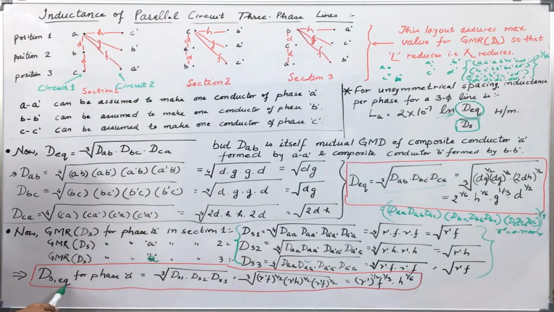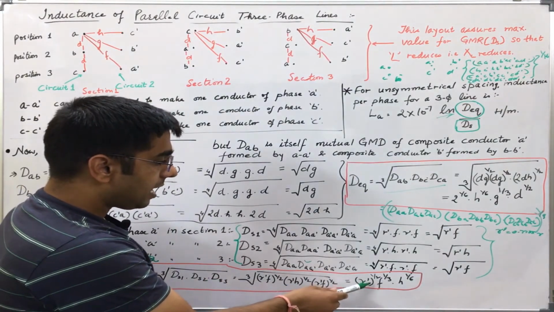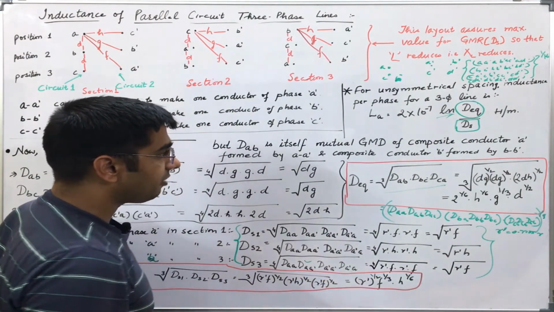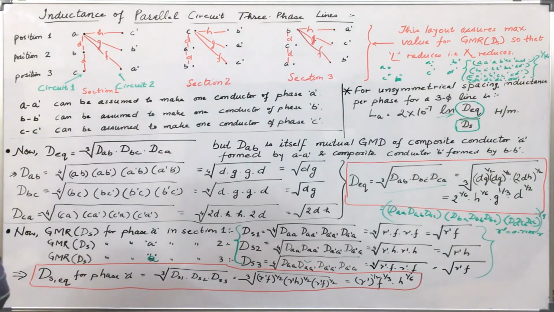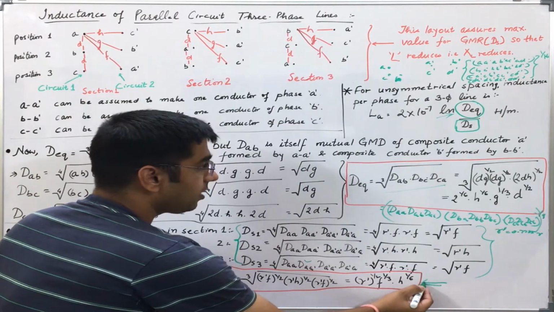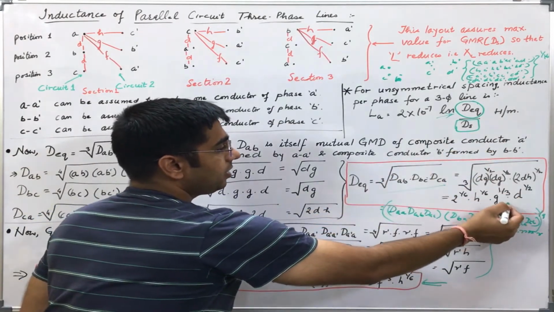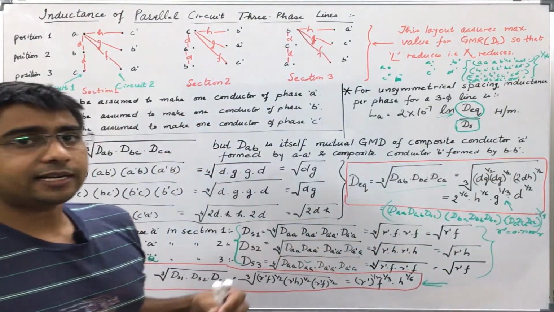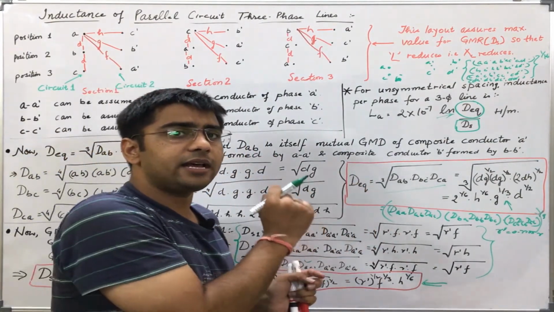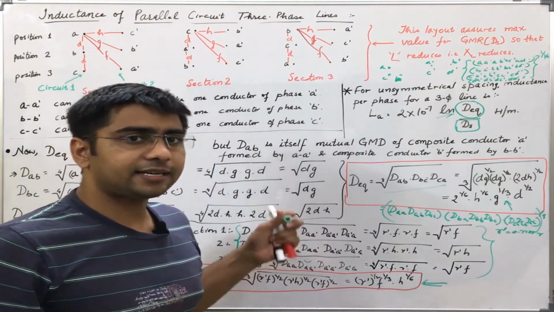So Ds equivalent for phase A will be the cube root of Ds1, Ds2, Ds3, which will come out to be r dash raised to power 1 by 2, F raised to power 1 by 3, H raised to power 1 by 6. In the next slide, I will put these values of Ds equivalent and D equivalent to find the inductance of the composite conductor made by the strands A and A dash. We will see in the next slide.